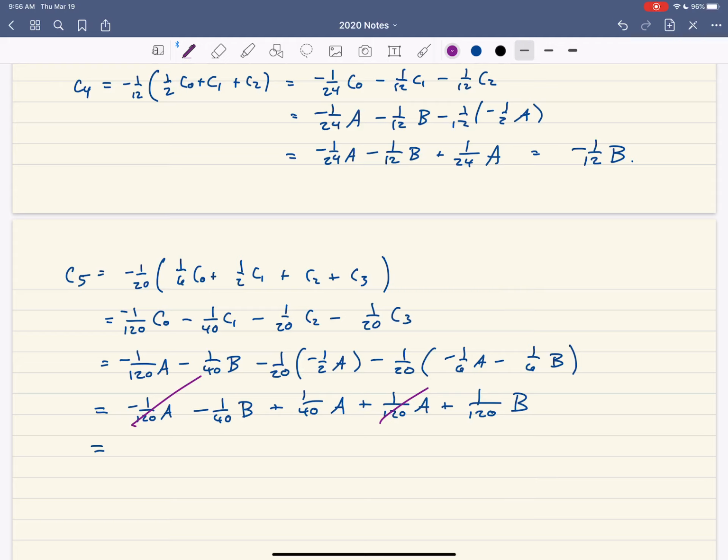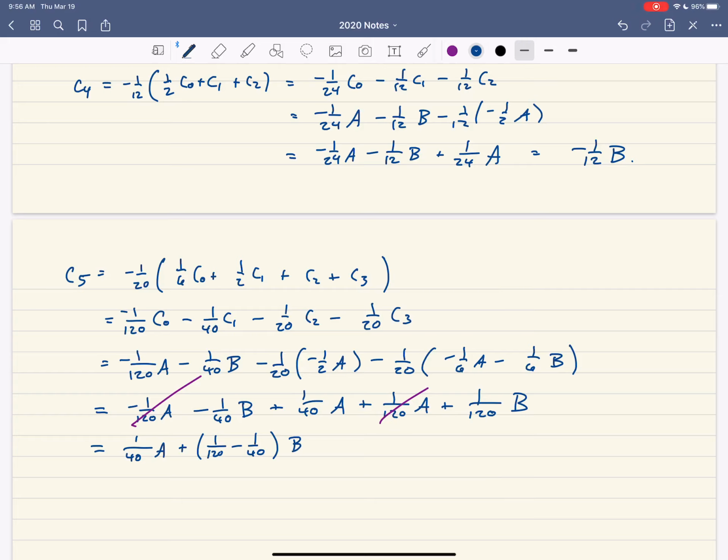And let's see. That means that we're left with 1/40 times A plus 1/120 minus 1/40 times B.